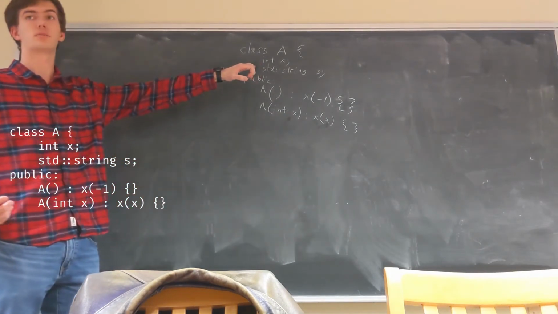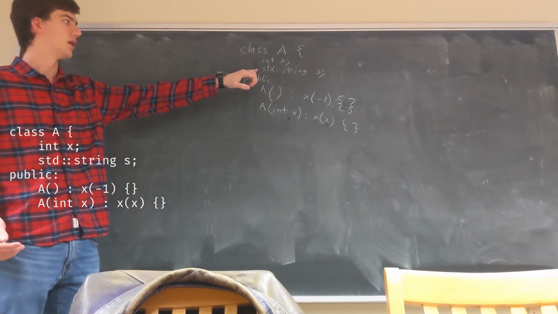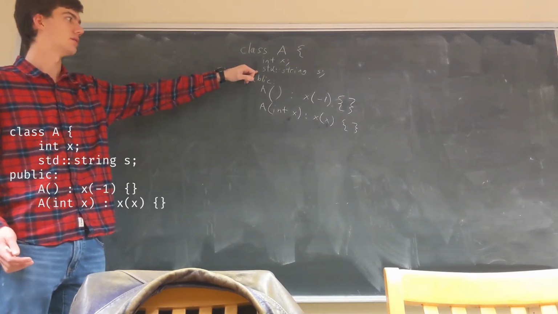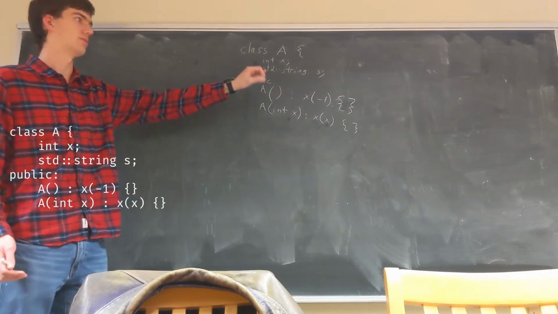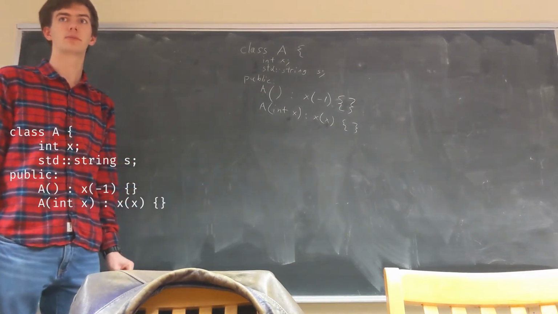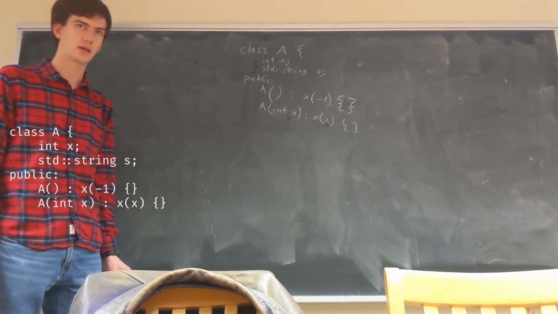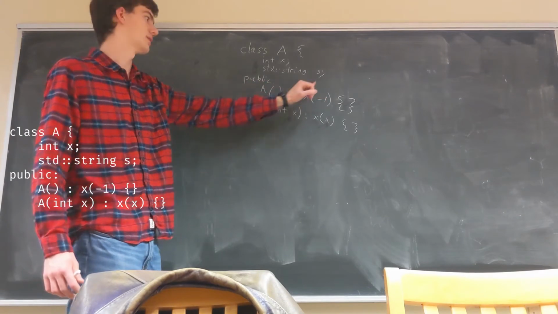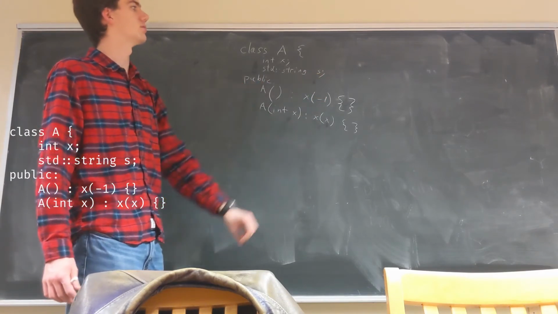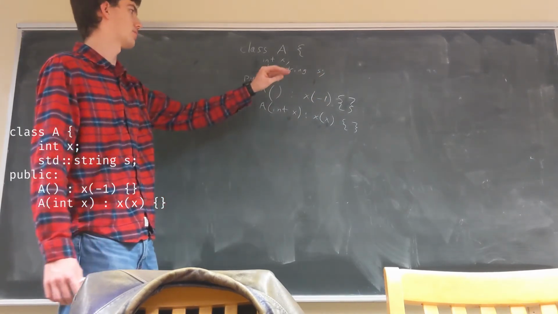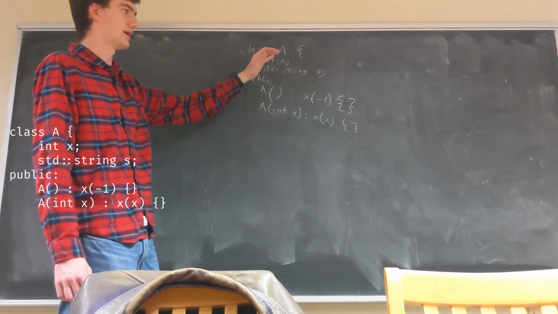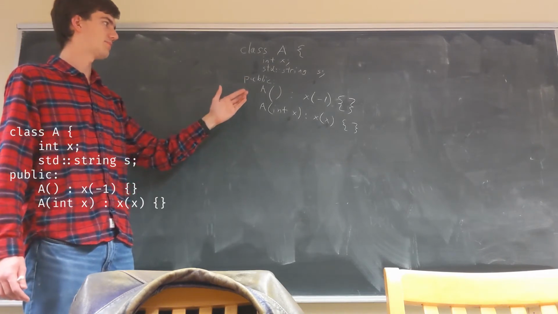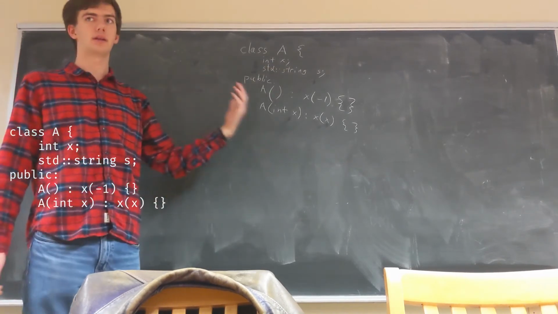It is not null because it's not a pointer. It cannot be null. It is the string type that's built into the C++ standard library, so it always represents a real string. So just empty? Yeah, it's an empty string because its default constructor gets invoked implicitly, because everything that's not a primitive type like a pointer or an int or a float, everything that's a class type, which includes string, needs to be initialized.